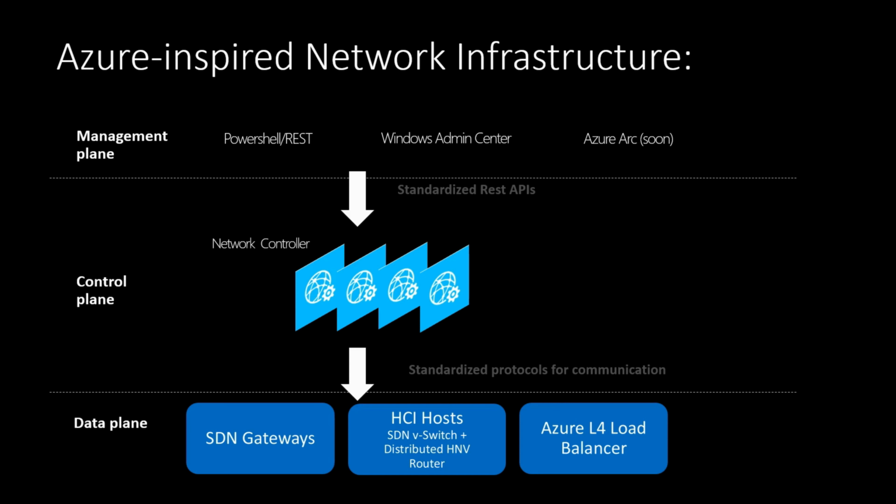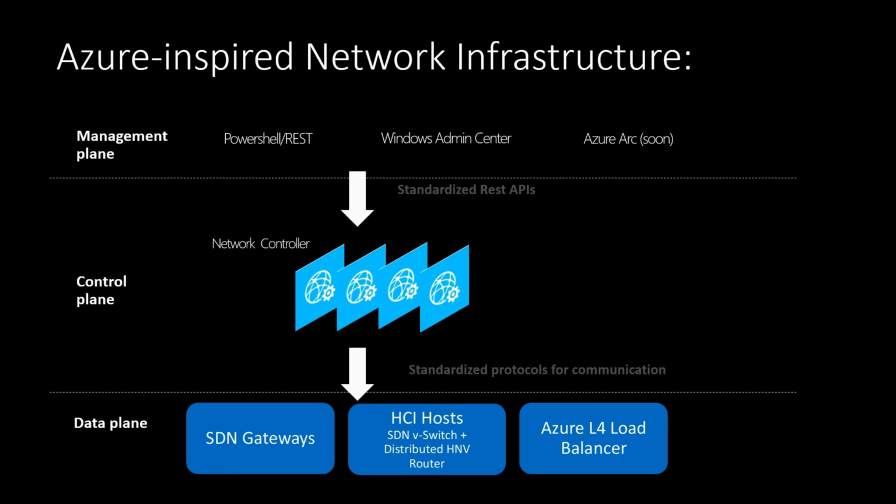One being our SDN gateways. So if you want to do a layer 3, a GRE, a site-to-site, you'll actually use our SDN gateways to do that. The second is, of course, all of the HCI hosts. So once you onboard Network Controller, you're using something called our Azure VFP, or Virtual Filtering Platform. And our Azure VFP has actually been taken direct from Azure.